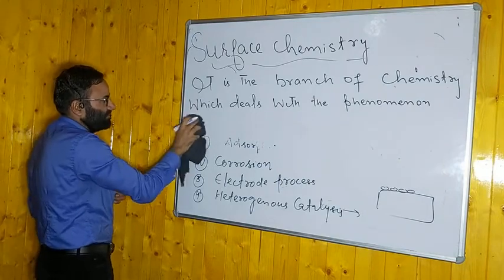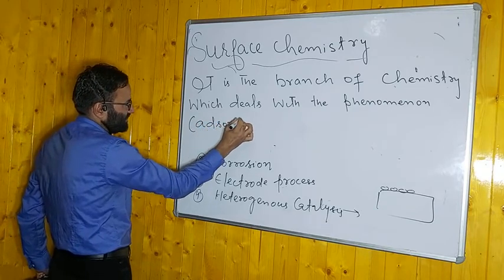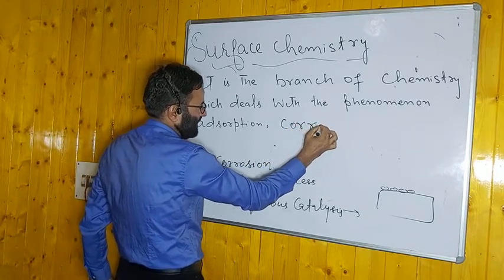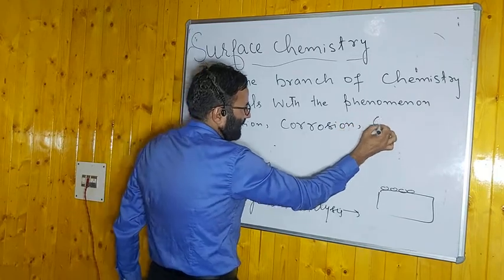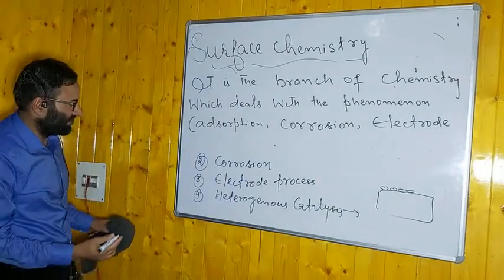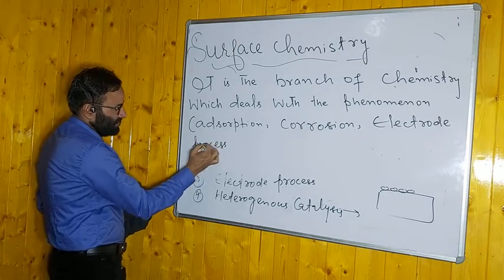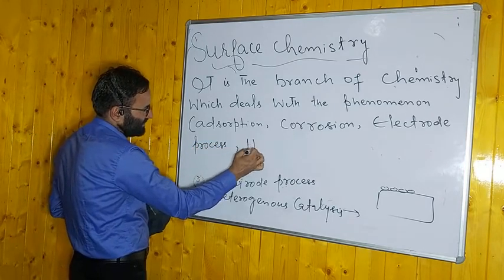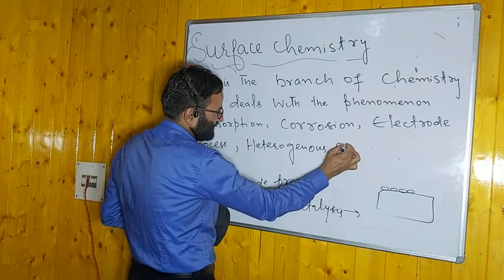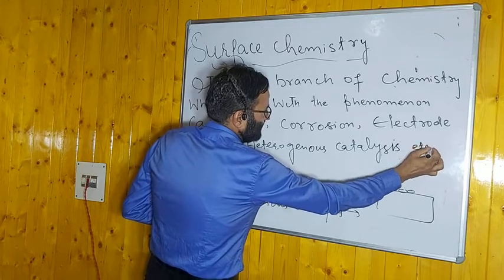I will mention the phenomena here. For example, we have adsorption, corrosion, the electrode process occurring on the electrode, either cathode or anode, or heterogeneous catalysis, etc. These are some phenomena.